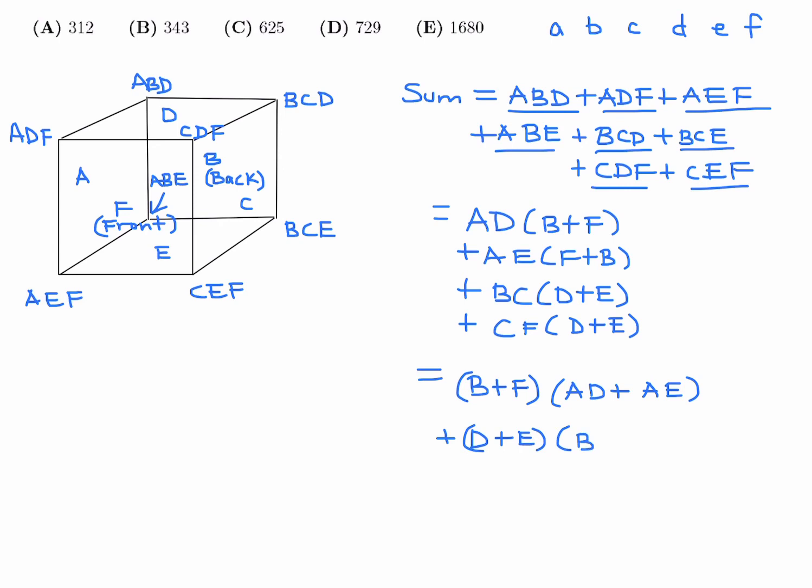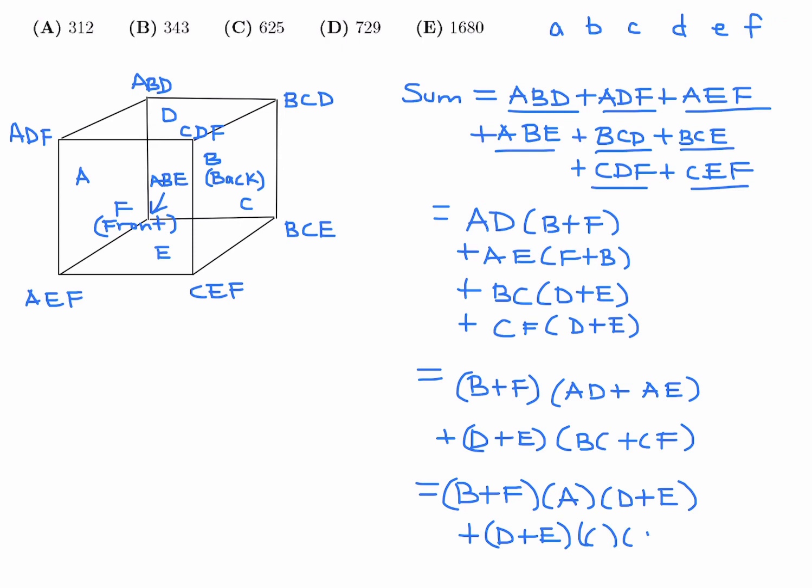And that gives me BC plus CF. Okay, I think I can further factor this: B plus F times A plus D plus E. And then plus D plus E, I can factor out a C, I believe, and that will be B plus F. And then I think the B plus F and D plus E is common to both.